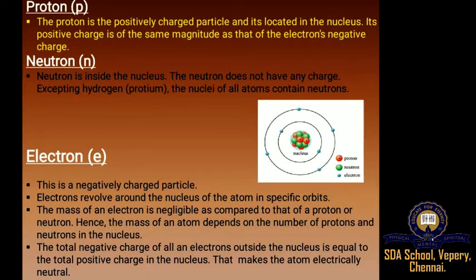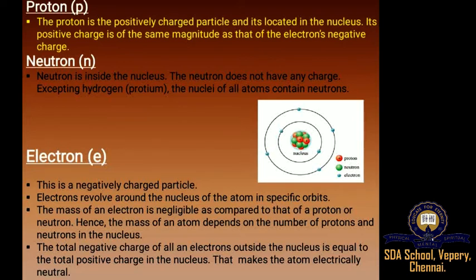Hence, the mass of an atom depends on the number of protons and neutrons in the nucleus. So, the mass of an electron is very small when compared to the proton or neutron. Hence, the mass of the atom as a whole will depend on the number of protons as well as the number of neutrons in the nucleus.